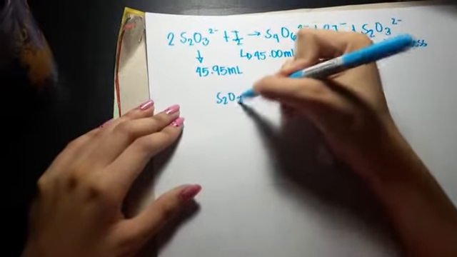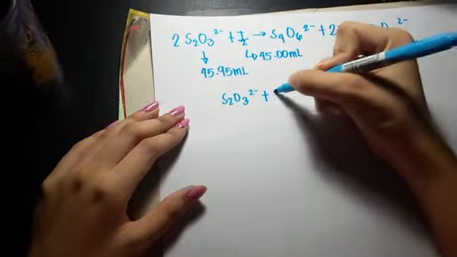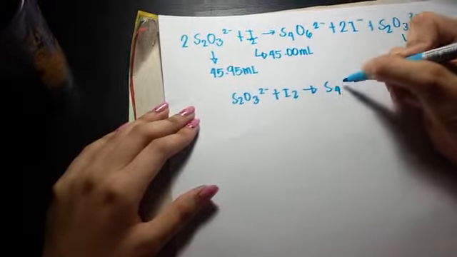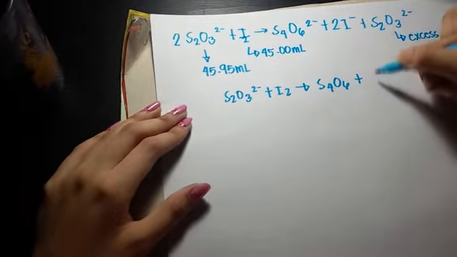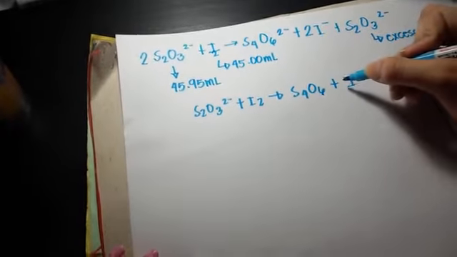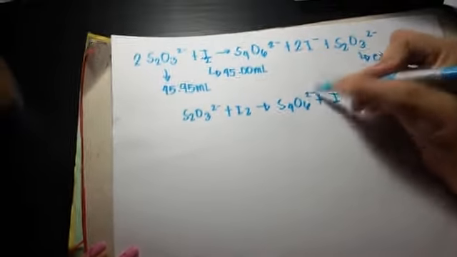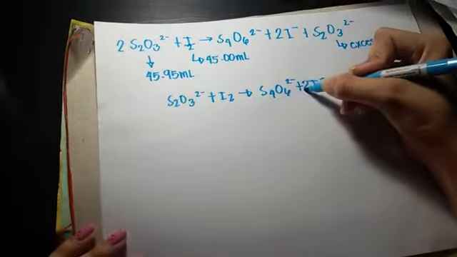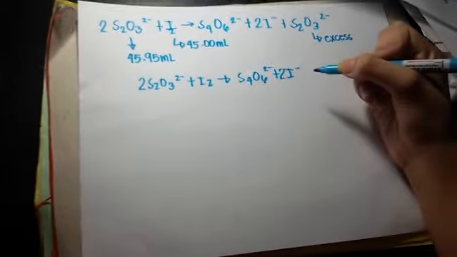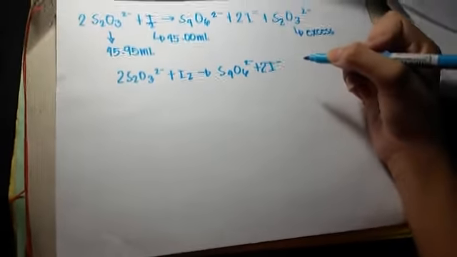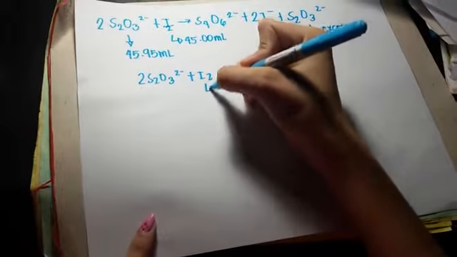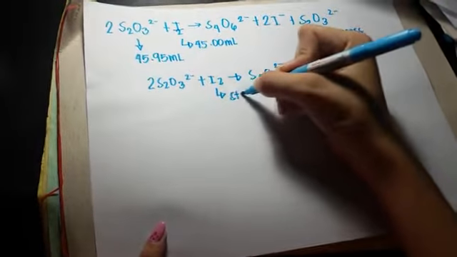S2O3 2 negative plus I2 yields S4O6 2 negative plus I negative. We will balance it by adding 2 as coefficients of S2O3 2 negative and I negative. So, this I2 is standardized.